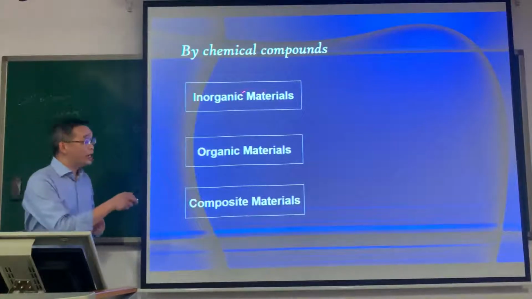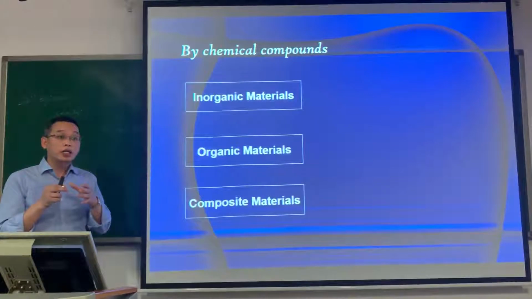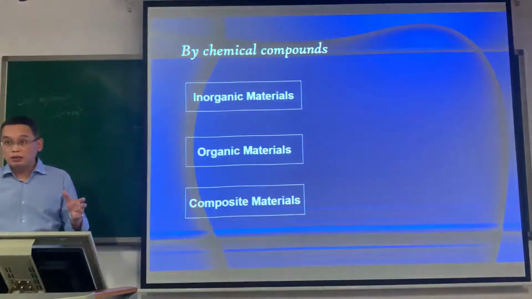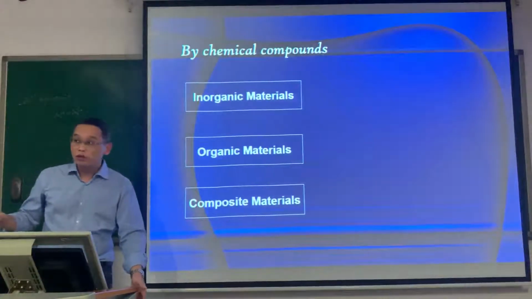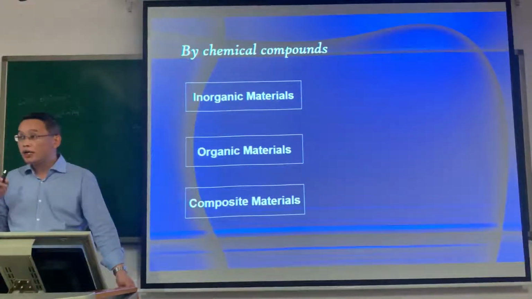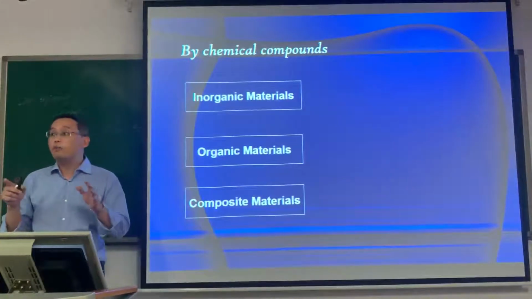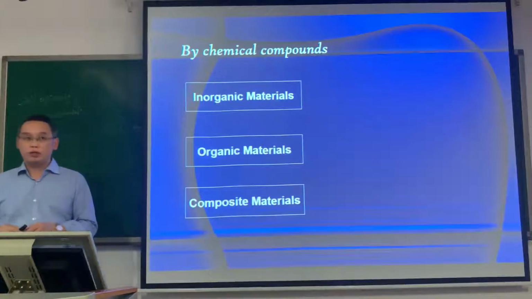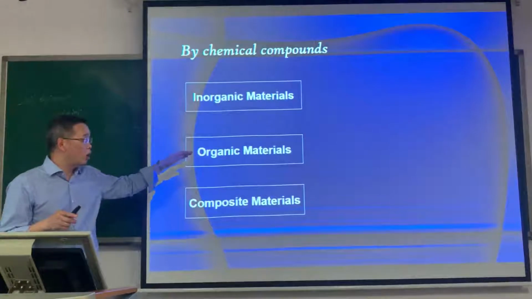In inorganic materials, what kinds of materials belong to the inorganic materials? Such as the glass, steel, cement, concrete, rocks, also the aggregates, and bricks. They all belong to the inorganic materials. And what kind of materials belong to the organic materials?